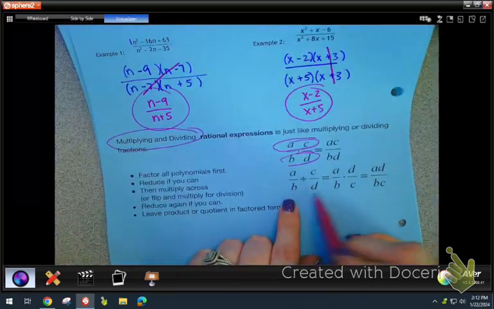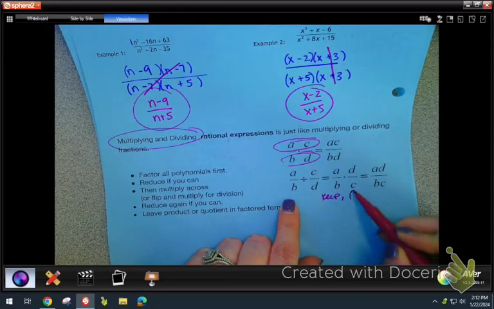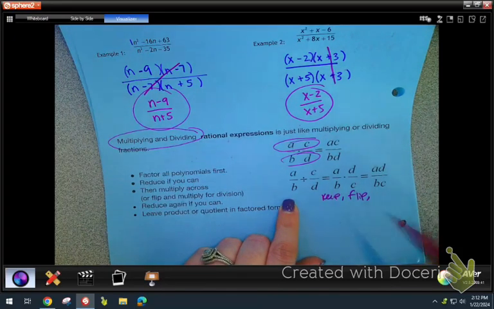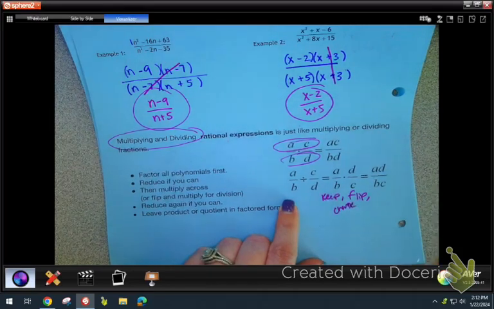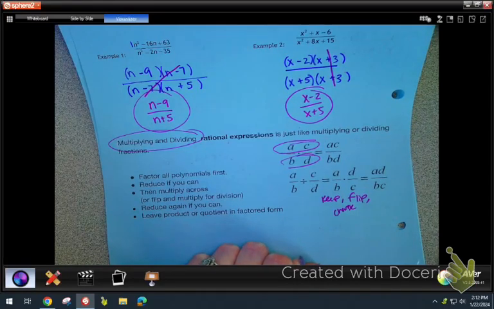So if you're dividing two things, then you're going to keep the first fraction, flip the second one, and then it's keep, change, flip. Keep, change the sign to multiplication, and then flip the second fraction. I wrote that out of order. Okay? Keep, change, flip.